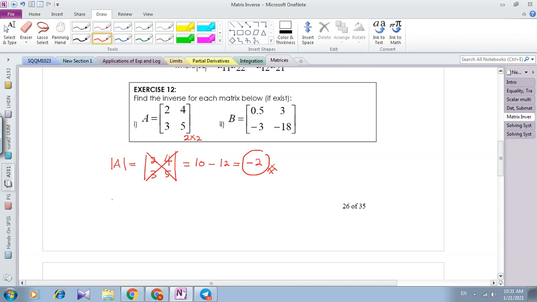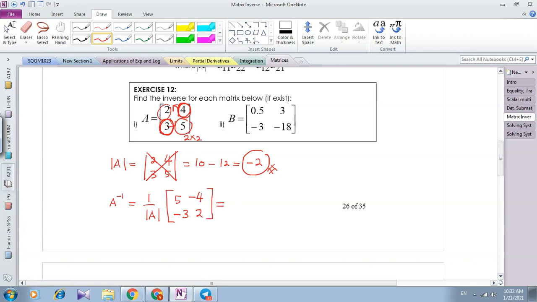So what is A inverse? A inverse is 1 over determinant of A times, 5 will change to here. So 5 will become here and 2 will be at the bottom. So 2 is here, and then since we have 4 in the beginning, now it will become negative 4. Since we have 3 in the beginning, now it will become negative 3.